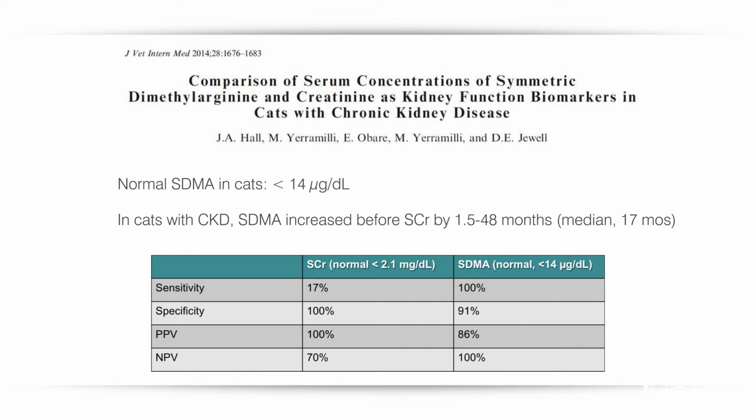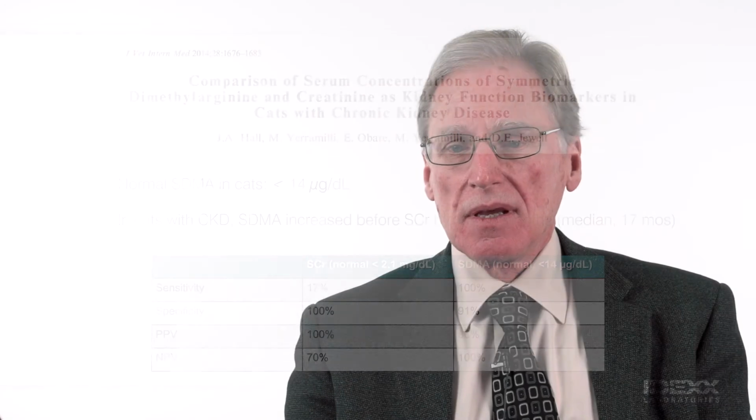So the SDMA test is a very sensitive test and is able to rule out kidney disease in animals quite nicely compared to the serum creatinine, as you can see from this table. It has very high sensitivity relative to creatinine.